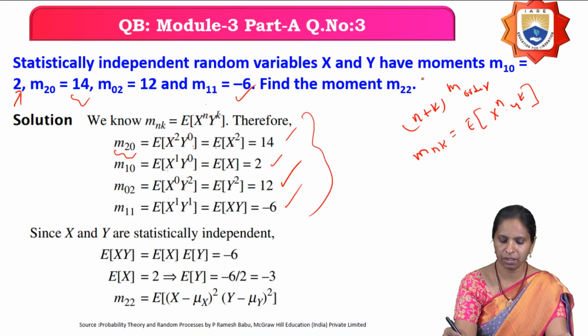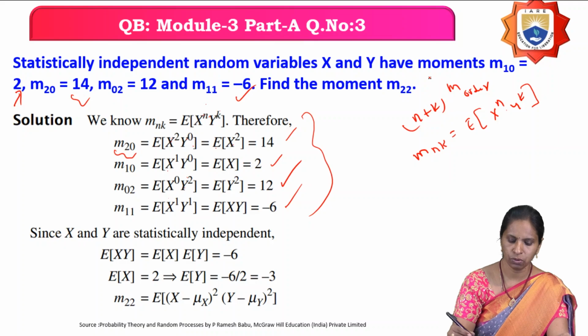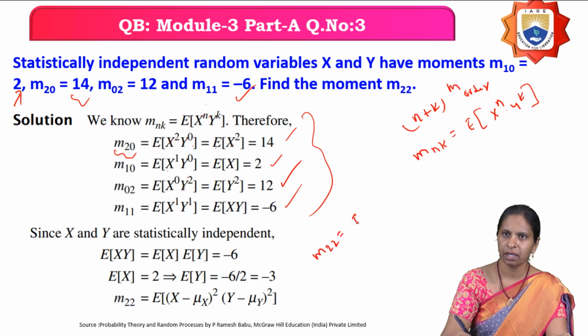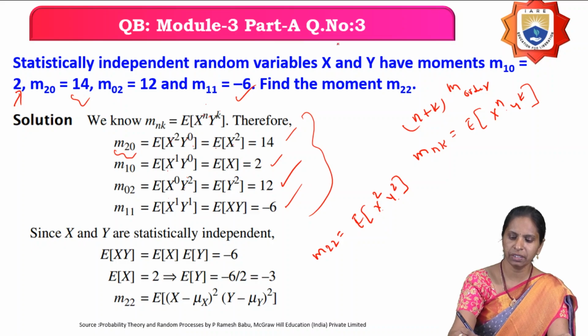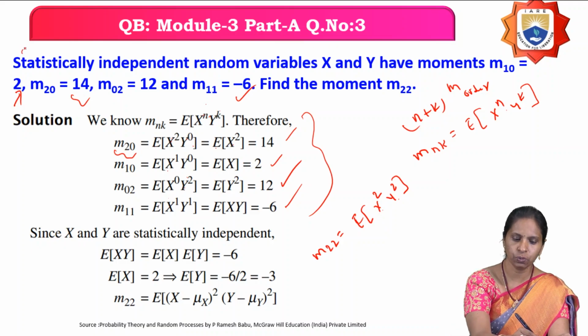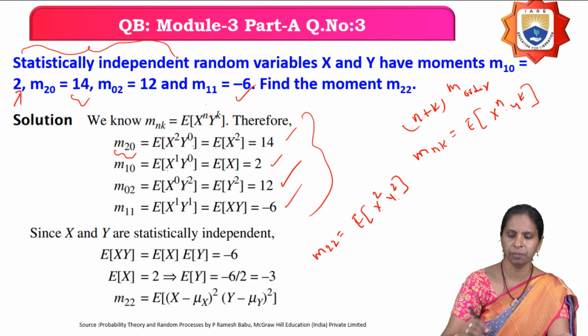What do you have to calculate? You have to calculate M22. So what is M22? It is nothing but expectation of x square into y square. Moreover, they are given that the two random variables are statistically independent.